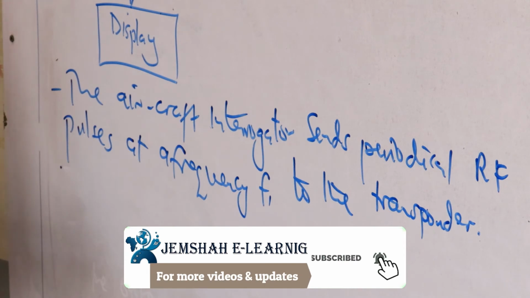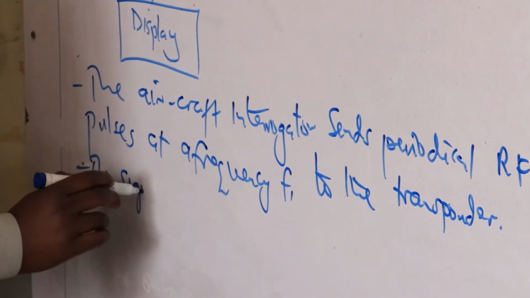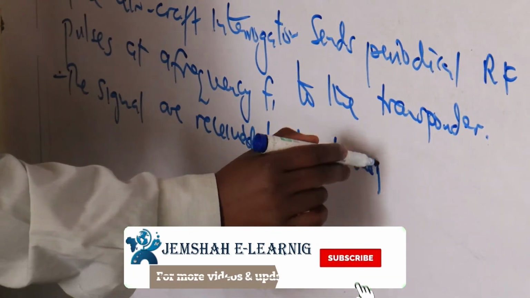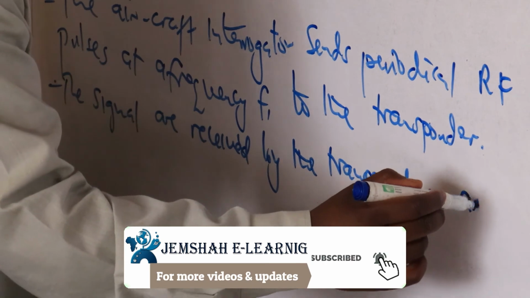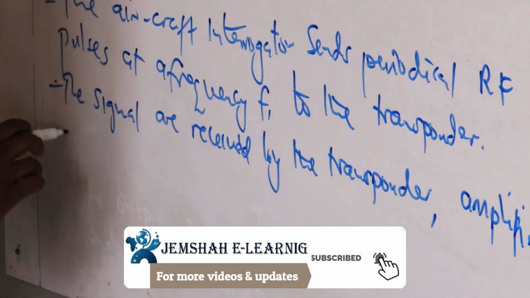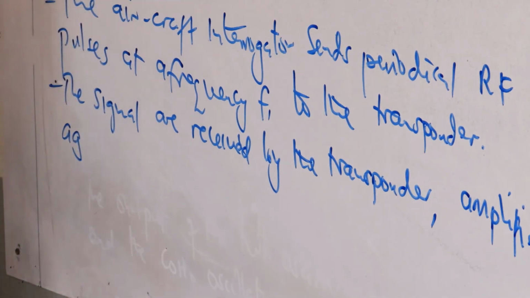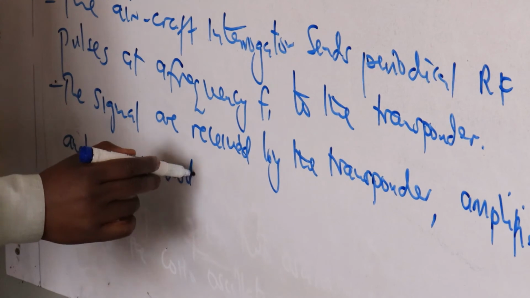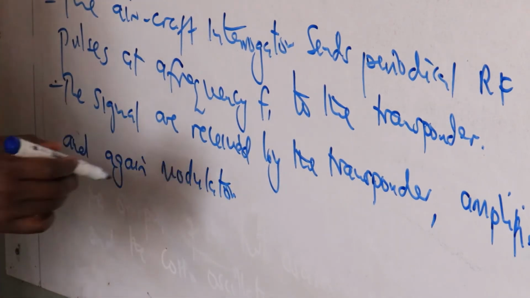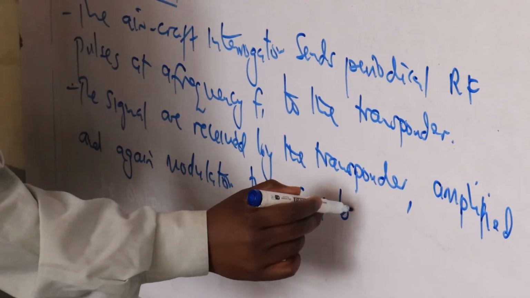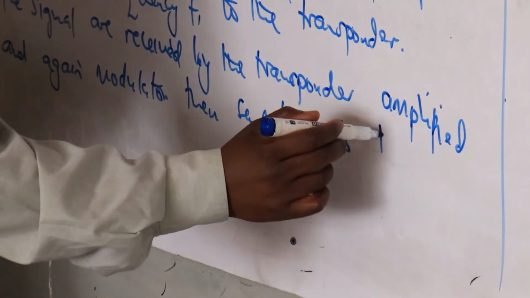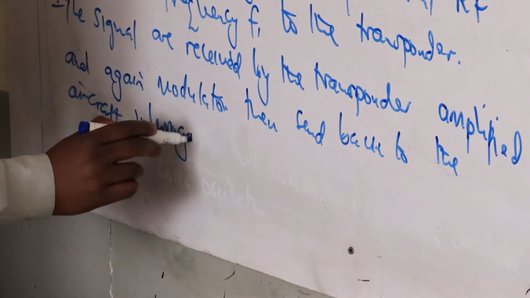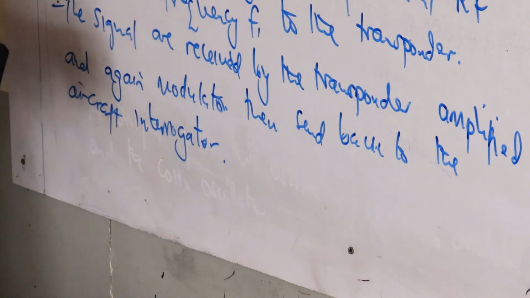So the signals are received in the transponder, amplified and again modulated, then sent back to the aircraft interrogator.